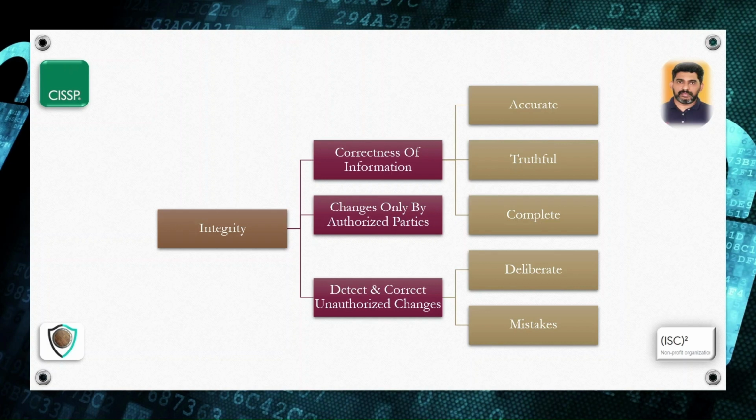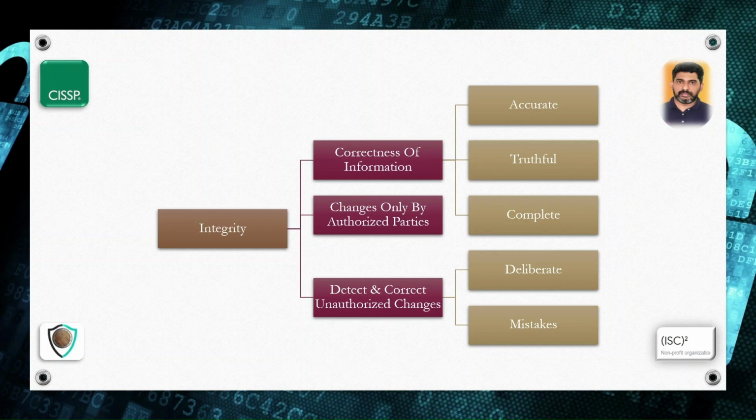And when we are talking about the correctness of information, there are three aspects to it. Information should be truthful, accurate, and complete. Let us say I have 1000 dirhams in my account and I am receiving an account statement for that month. The account statement also shows that I have 1000 dirhams in my account.